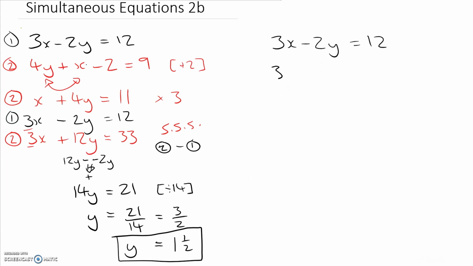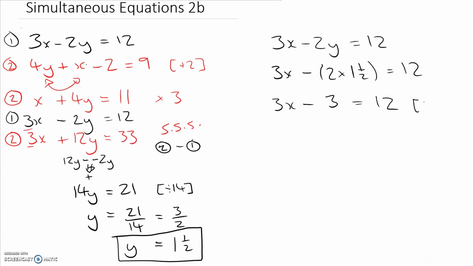So we've got 3x, take away 2 times 1.5 is equal to 12. So 3x, take away 2 times 1.5, I think that must be 3, is equal to 12. So what should we do here? Right, I've got 3x minus 3.